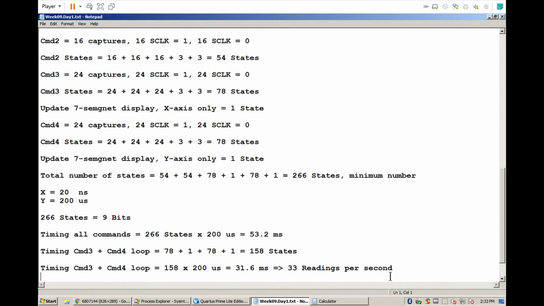All right. So if you look at these calculations, this is a good calculation because it shows you get 33 readings per second, which is significantly fast. Think about this. Your TV is about 40 frames per second, at most 60. Right now, your joystick will give you half of the speed.